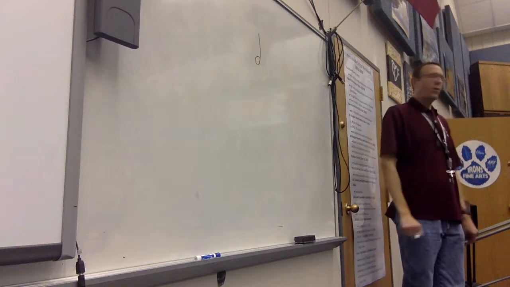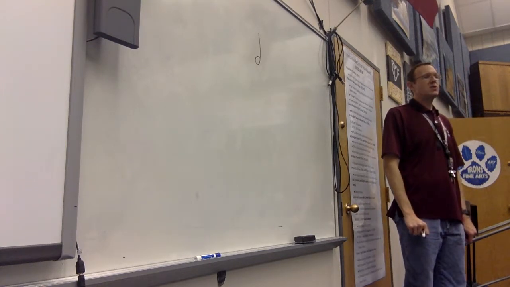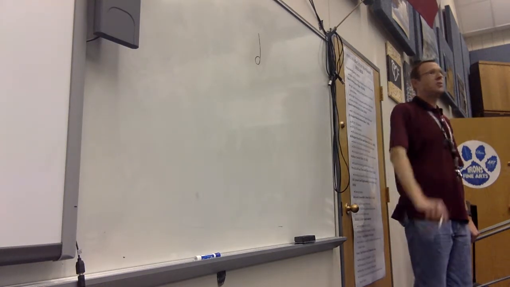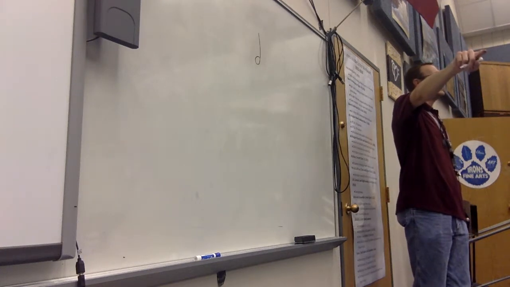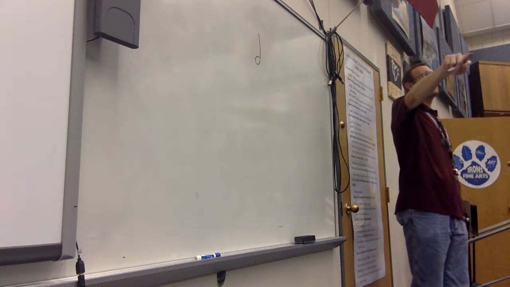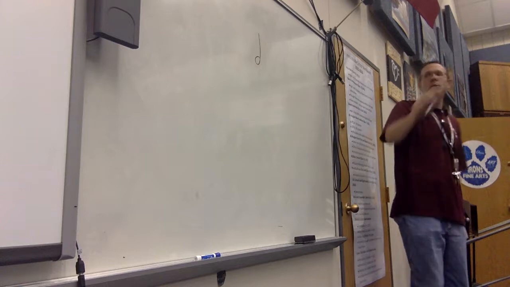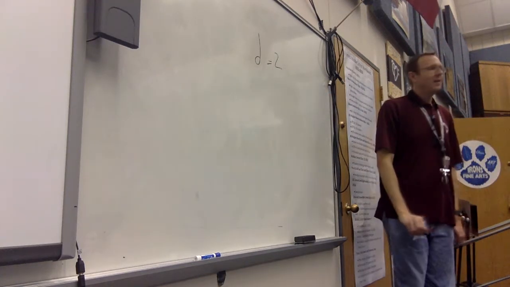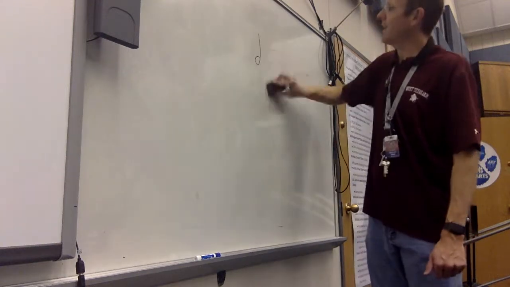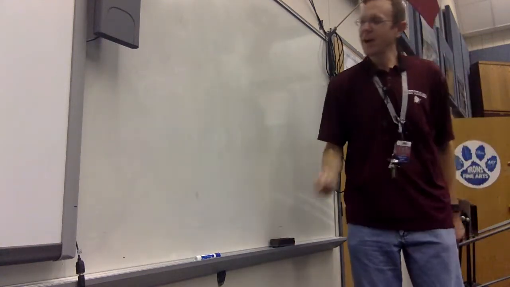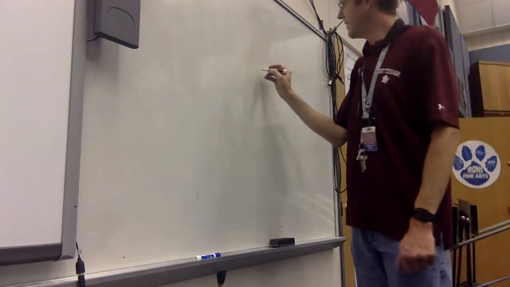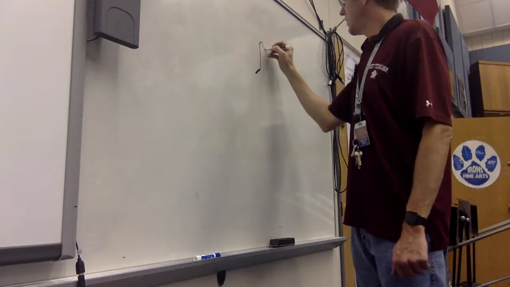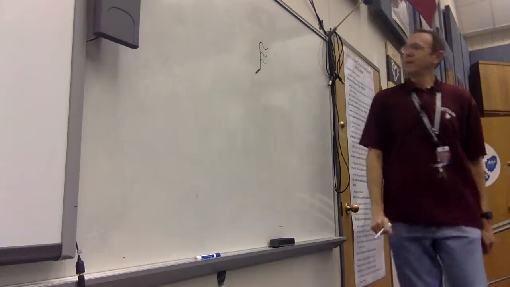5, 4, 3, 2, 1, and show me that number. Okay, some of you are writing the note name. I want the number. What's the number? 2. Okay, now then, let's try another one. There's my note.